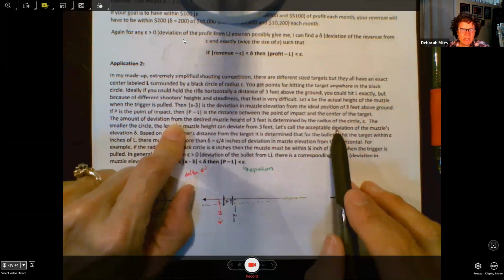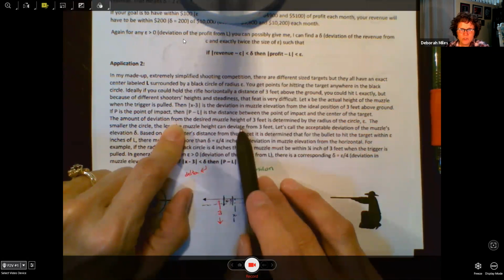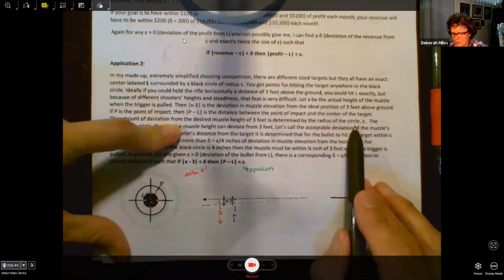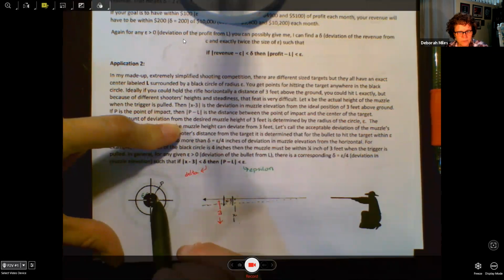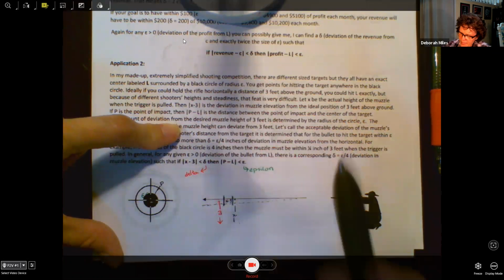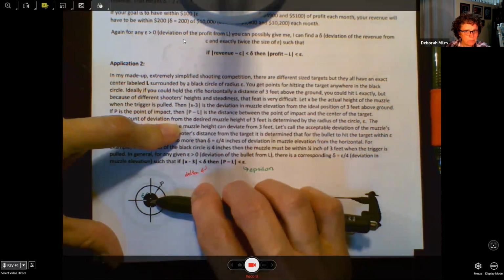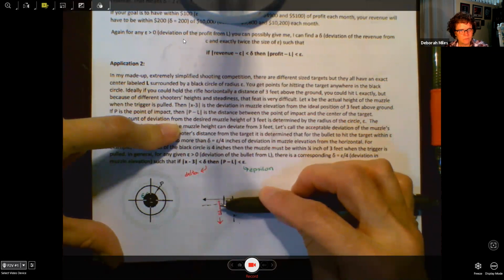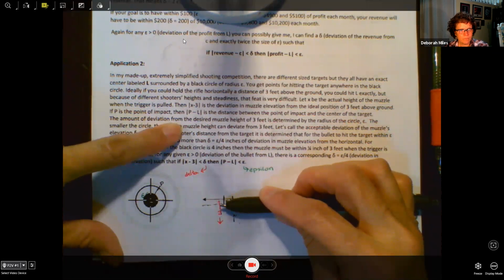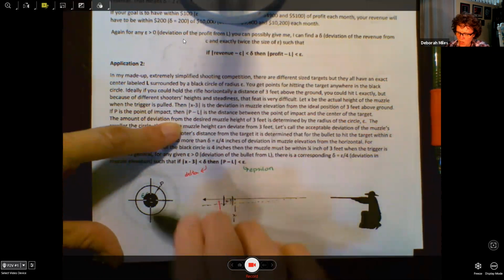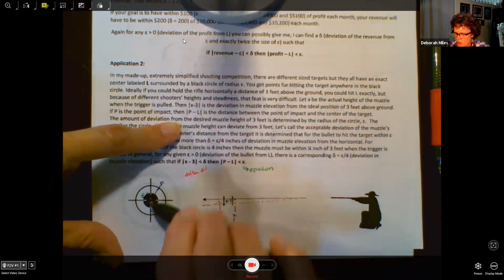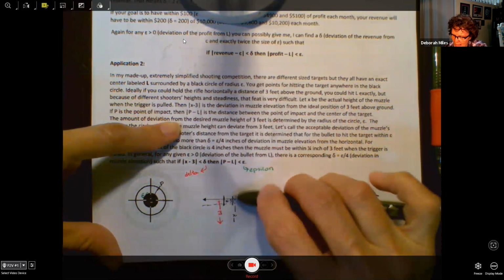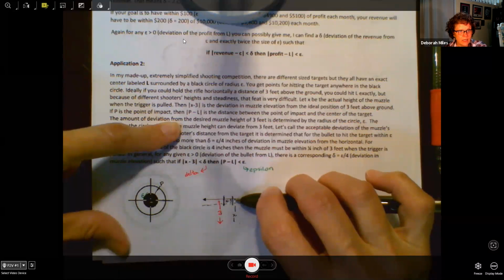The amount of deviation from the desired muzzle height of 3 feet is determined by the radius, epsilon. The more precise you have to be, the less shaking you can do over here. And since epsilon is the radius of that circle, the smaller epsilon is, the smaller absolute value of X minus 3 is going to have to be.